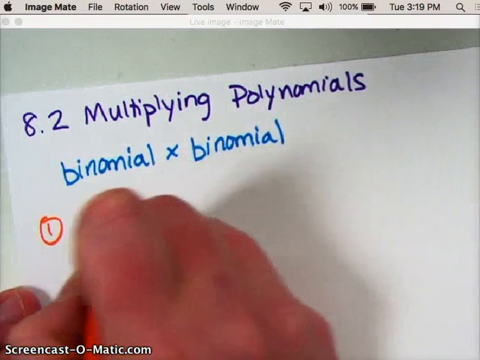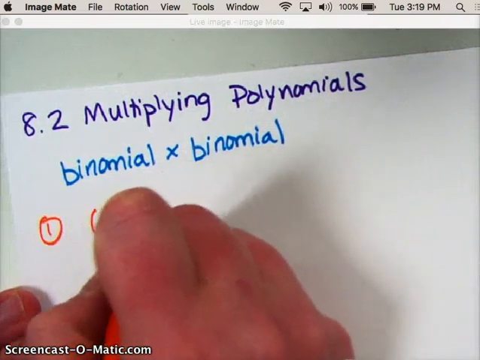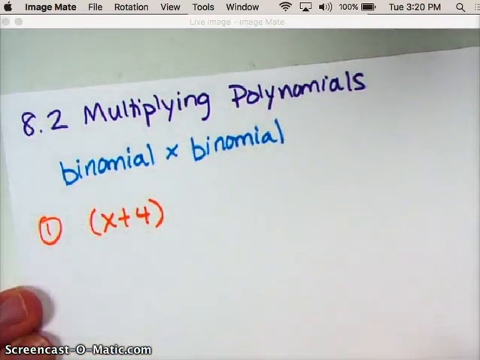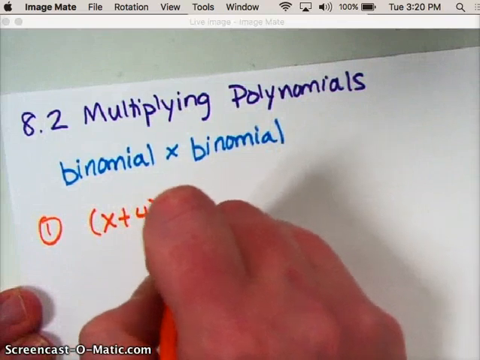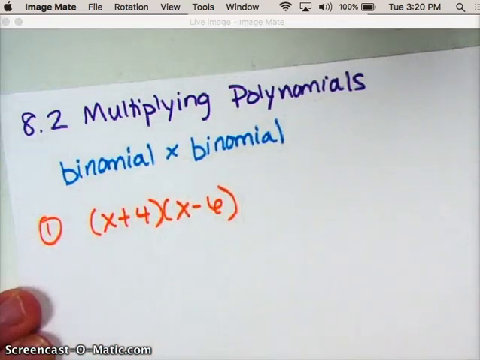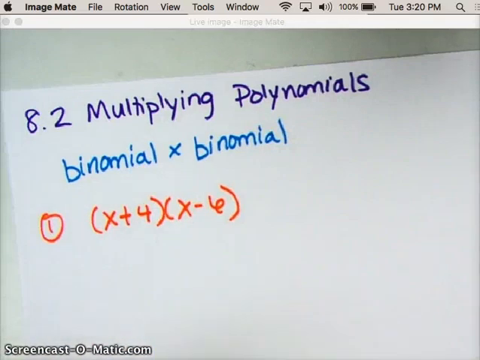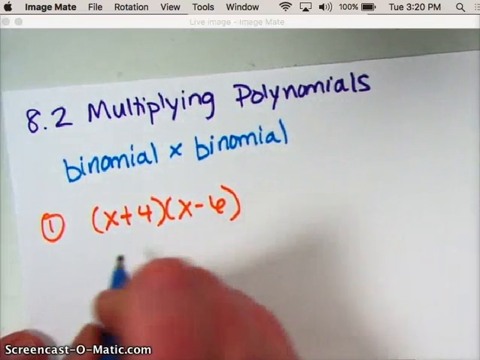Okay. So our first example is of the binomial x plus 4, and we're multiplying it by x minus 6. There's two methods that we can use. The first method is called double distribute.